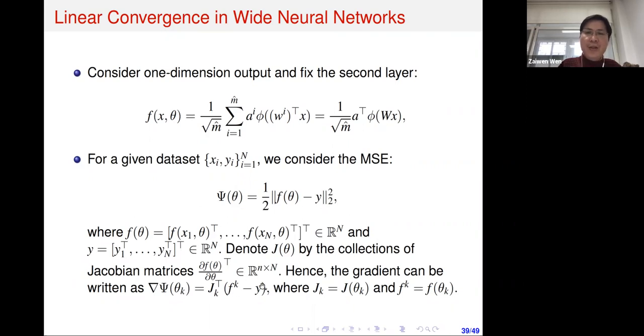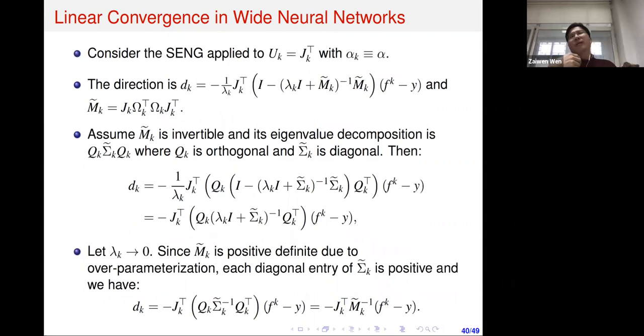If we apply our sketched natural gradient method to this case, where U is the transpose of the Jacobian matrix, then the natural gradient direction d_k is this matrix, where M_k, instead of the Jacobian matrix times the Jacobian matrix, has another matrix in the middle. This is the only difference from the natural gradient method itself.